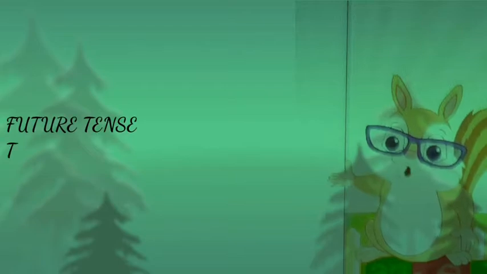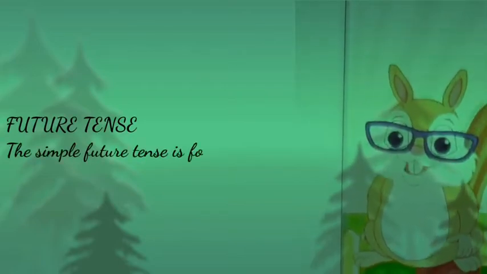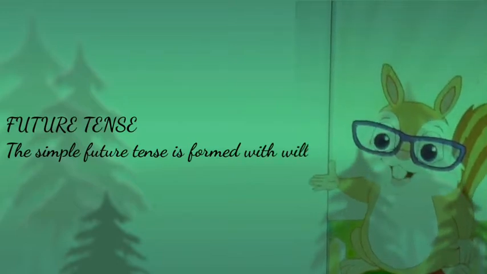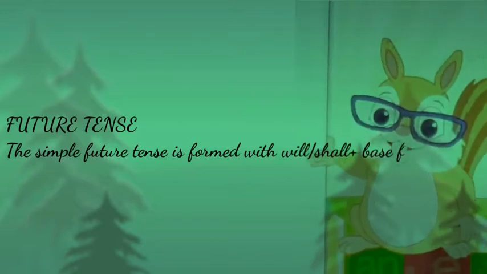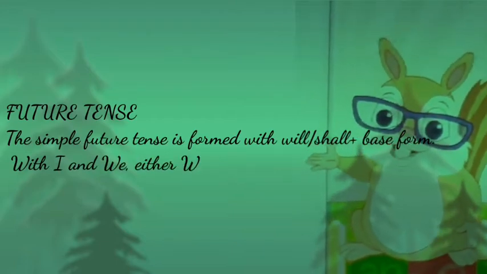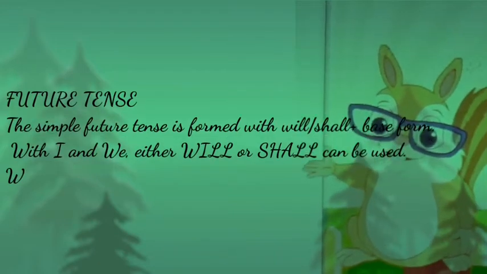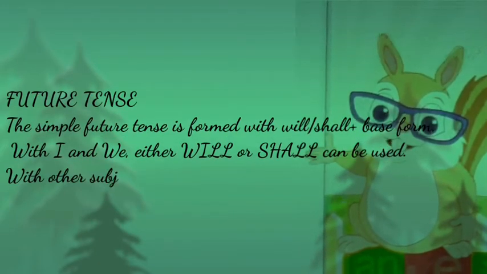Future tense. There are some points about future tense. And the rule for it is subject plus will or shall plus first form of the verb. The simple future tense is formed with will or shall plus base form. Base form is first form of the verb.